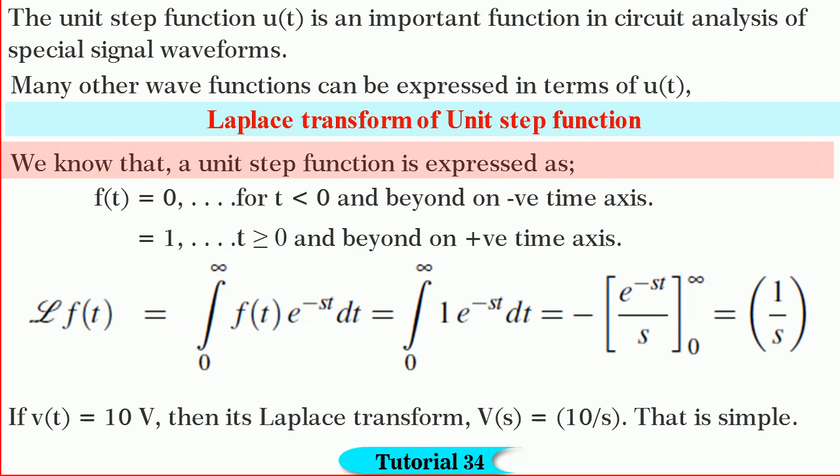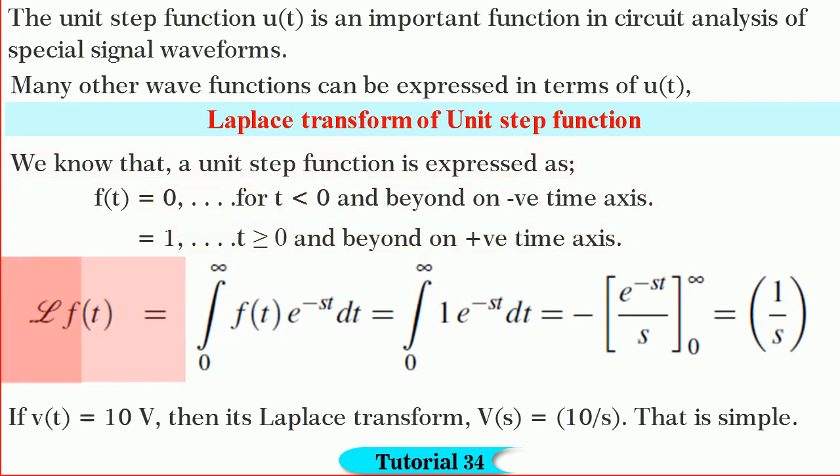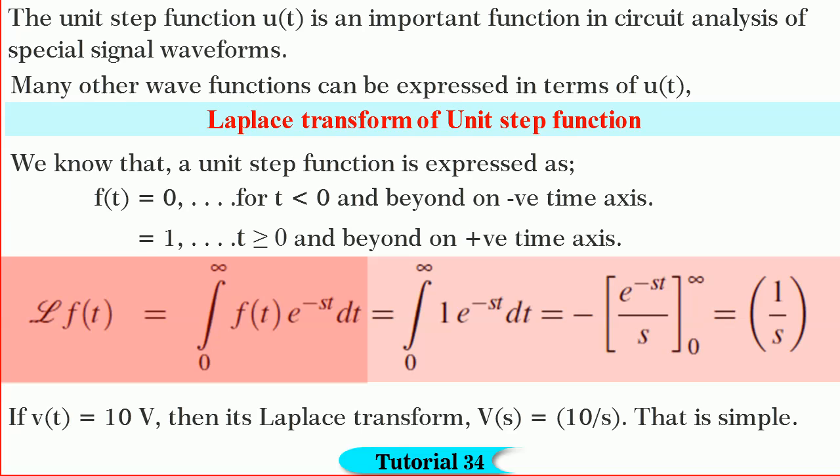We know that the unit step function mathematically is expressed as f of t is equal to 0 for t less than 0 and is equal to 1 for t greater than or equal to 0. So, by definition, we know that L of f of t is equal to integration 0 to infinity f of t into e to the power of minus st dt.